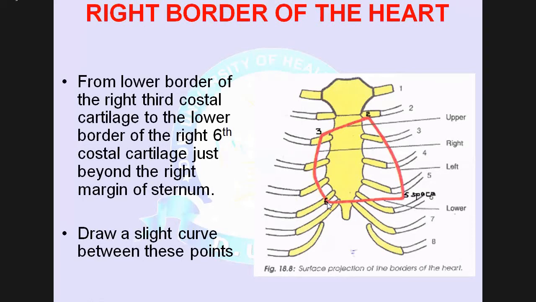From the 6th costal cartilage, it goes straight to the left side in the mid-clavicular line.